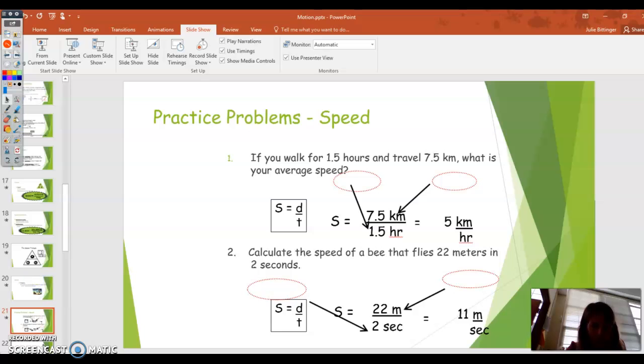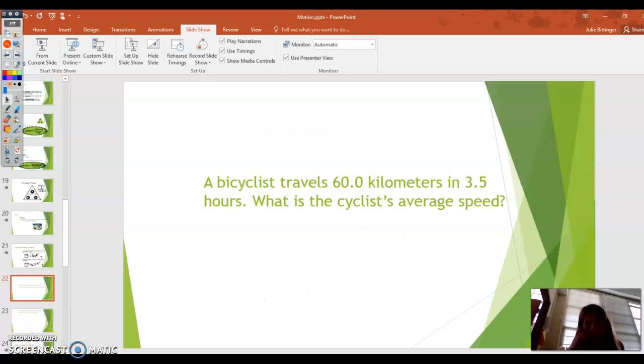Okay, going next. It says a bicyclist travels 60 kilometers in 3.5 hours. So looking for his average speed, so the total amount. So during that bicyclist trip, the total distance was 60 kilometers and the total amount of time was 3.5 hours. So I'm going to go back to my whiteboard.